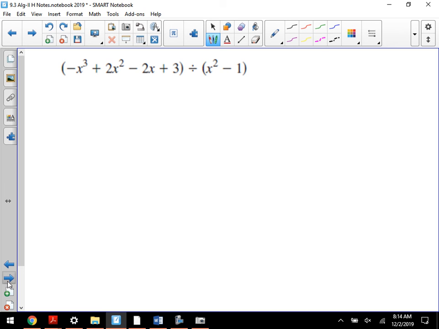When the degree of the dividend is one more than the degree of the divisor, this is where we're going to wind up with what we call a slant asymptote. Otherwise you won't have a slant asymptote, just the regular horizontal and vertical asymptote. The slant asymptote occurs when your degrees are separated by 1.